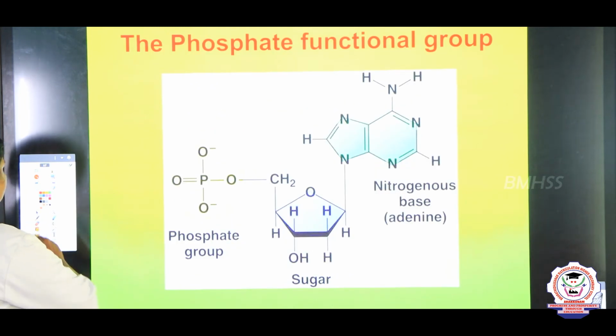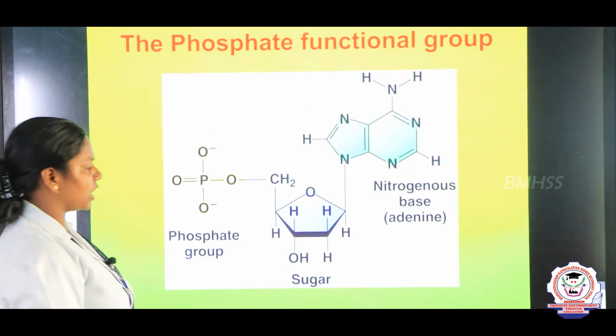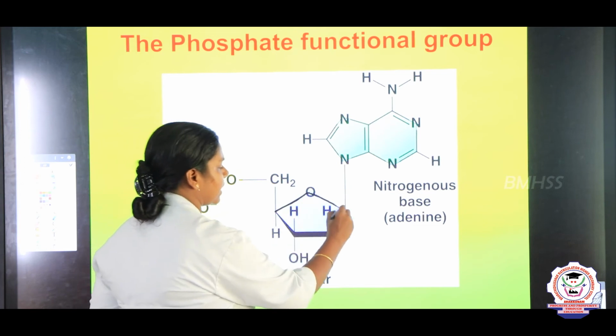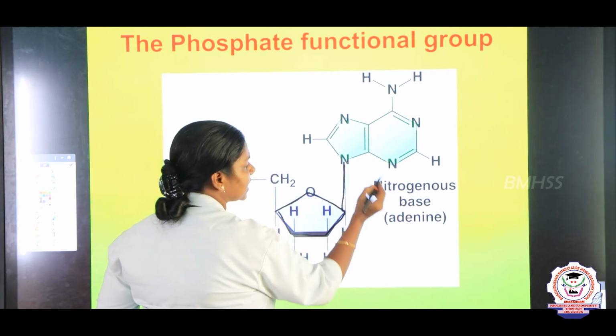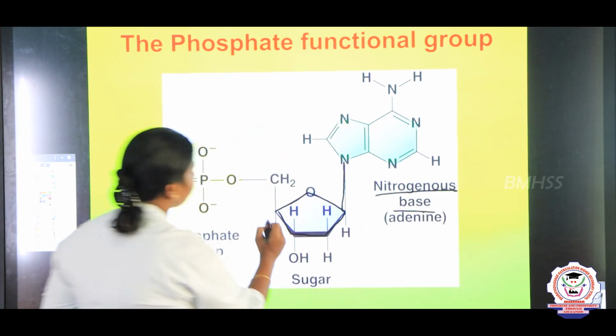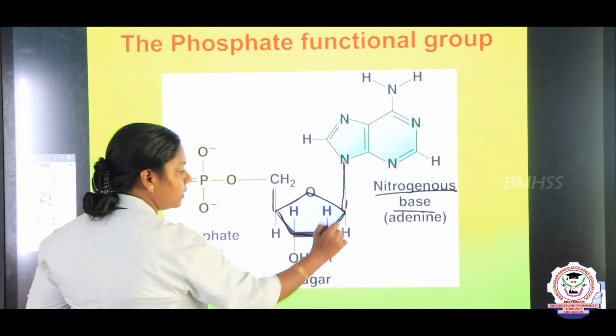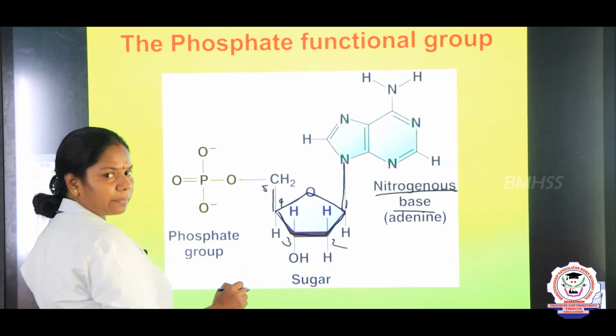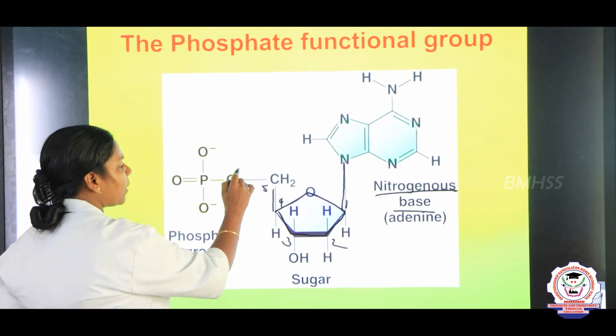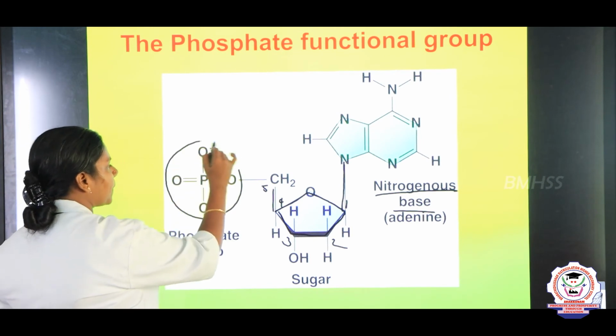Next we are going to see about the phosphate functional group. So this is a pentose sugar and it is the nitrogenous base, and at the fifth position, 1, 2, 3, 4 and 5, at the fifth carbon position, the phosphate group is attached.